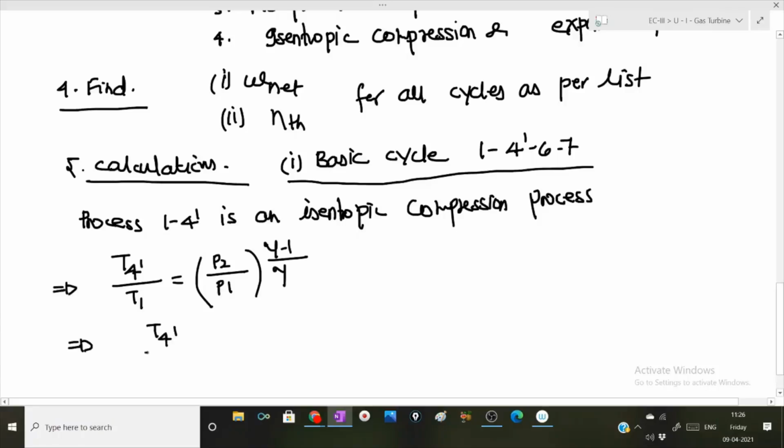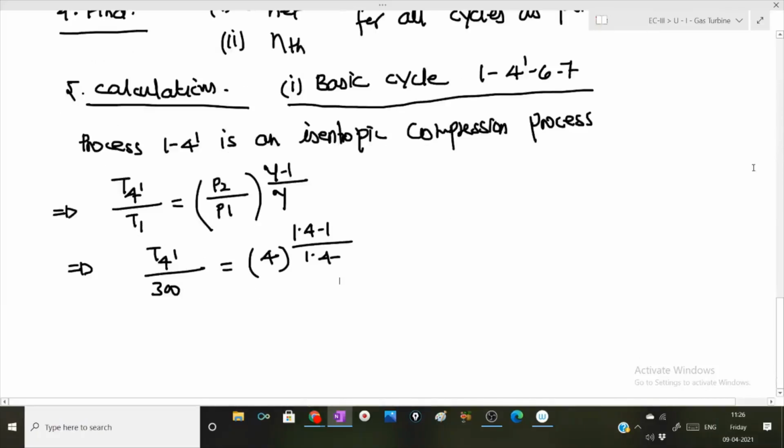T1 is 300. The overall pressure ratio is given as 4. Gamma is 1.4, so 1.4 minus 1 over 1.4. So from here, the value of T4' will be 446 Kelvin.